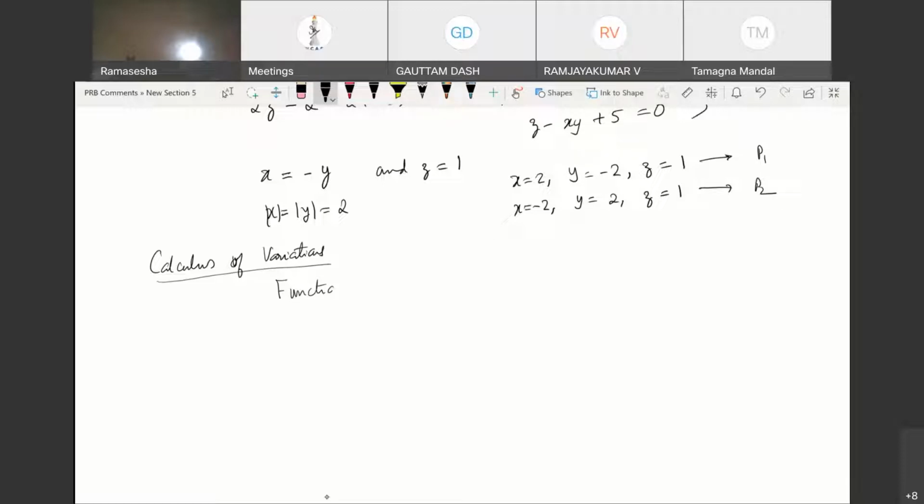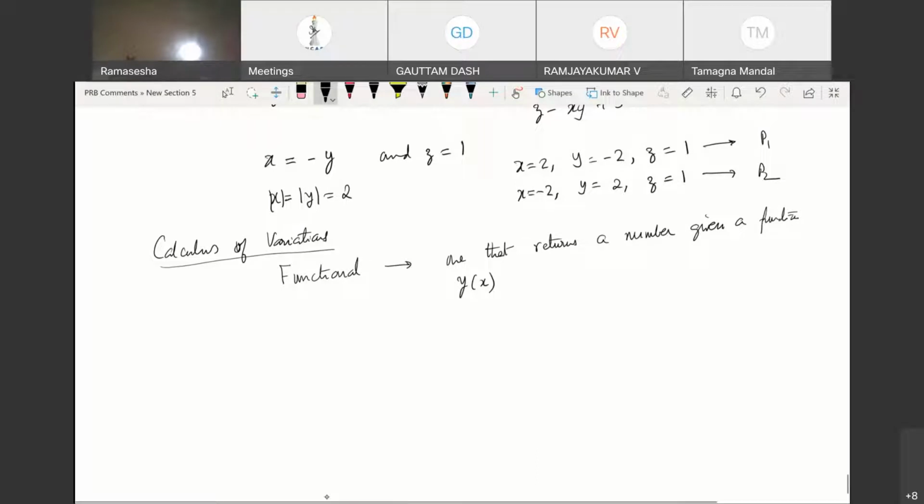A functional is one that returns a number given a function y of x. It's much easier to make all these things clear with one dimension. It returns a number given a function of x and an interval a comma b.